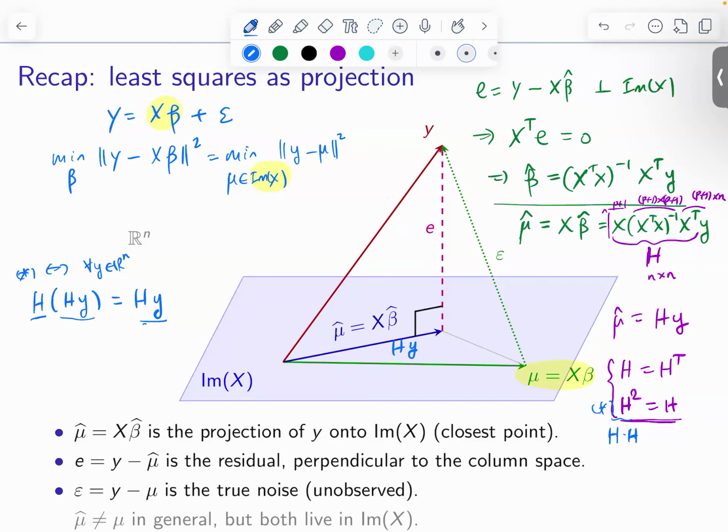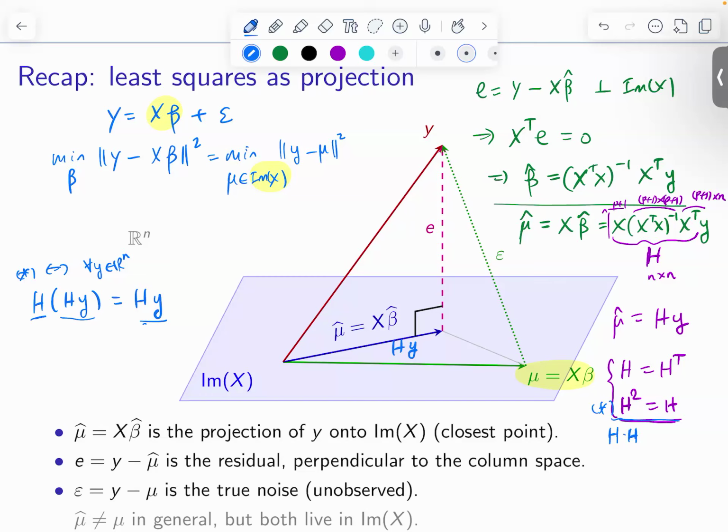Is this only for idempotent matrices, or is it for any matrix transformation? This particular matrix has the property that it's a projection matrix, and projection matrices are idempotent. Not any general transformation.